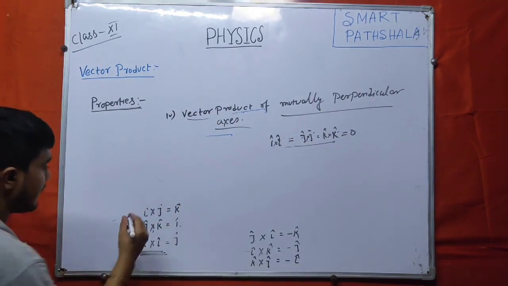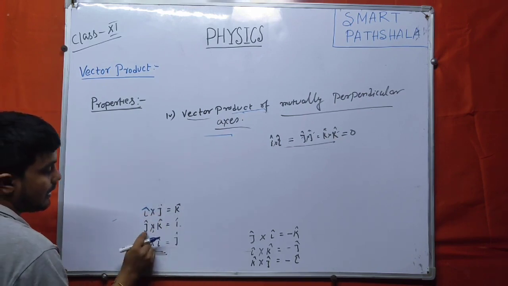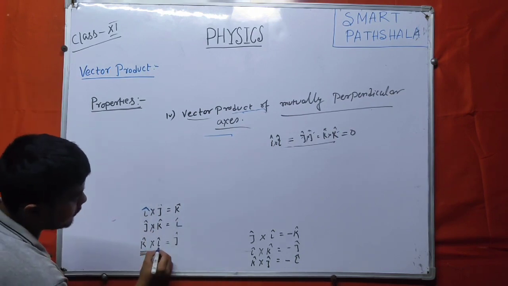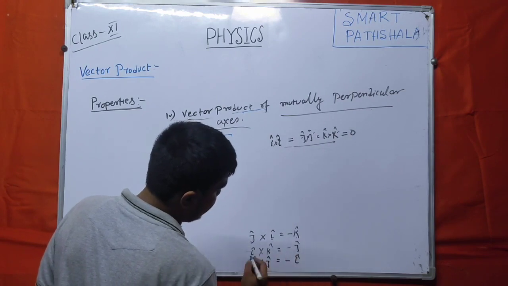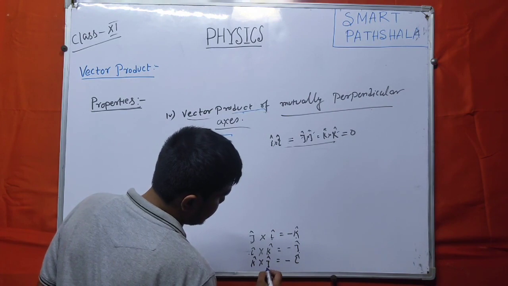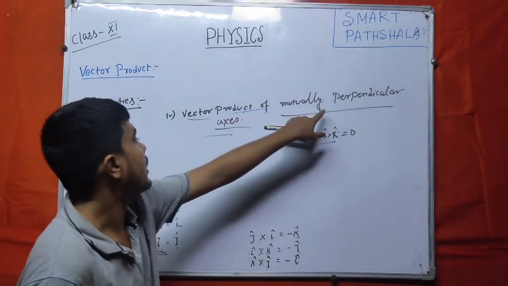And I cap cross j cap is equal to k cap, j cap cross k cap is equal to I cap, k cap cross I cap equals j cap, and j cap cross I cap is equal to minus k cap, I cap cross k cap is equal to minus j cap, and k cap cross j cap is equal to minus I cap. These are the vector products of mutually perpendicular unit vectors.